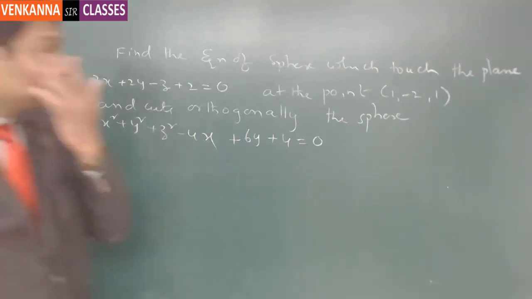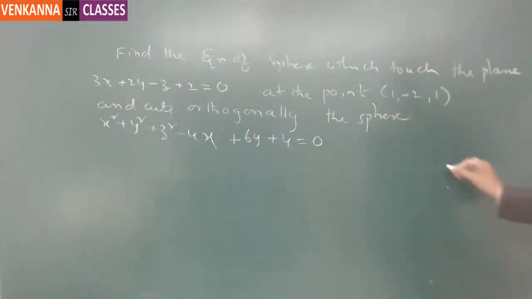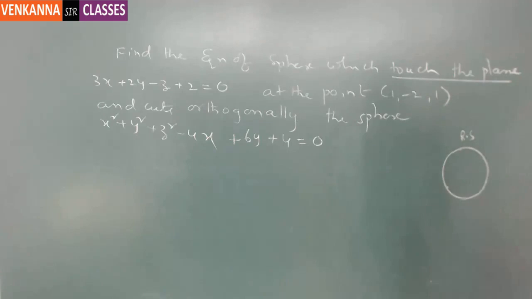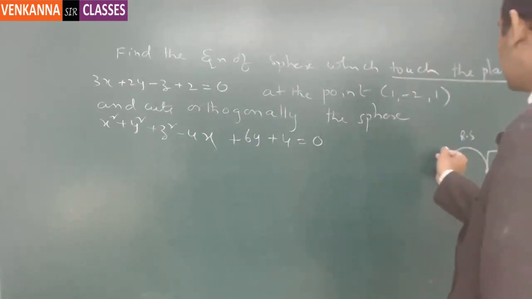So let us take that this is our required sphere. Now if you look at the problem data, it was given that it touches the plane at the point (1, -2, 1), and the other part is that it is cutting another sphere orthogonally.